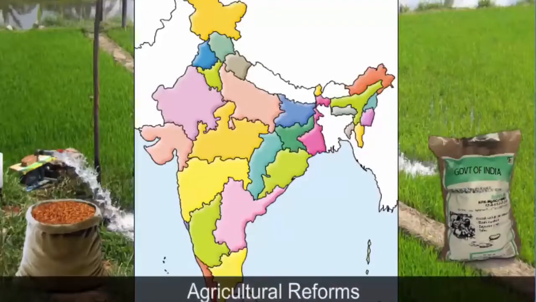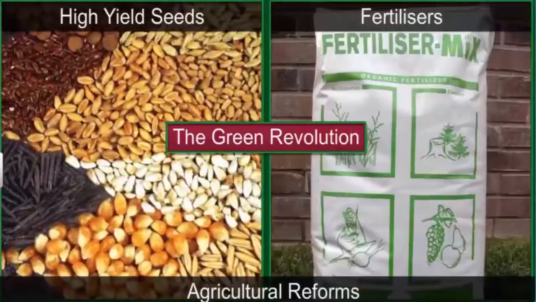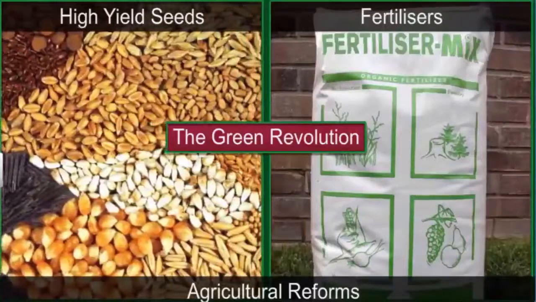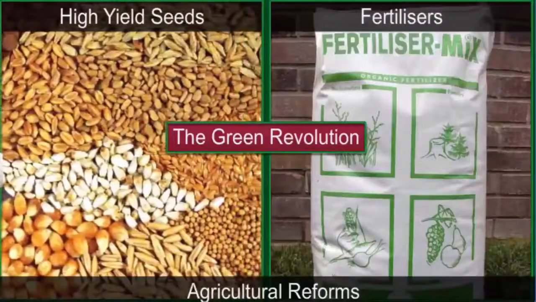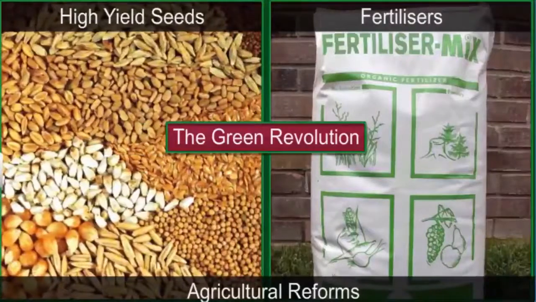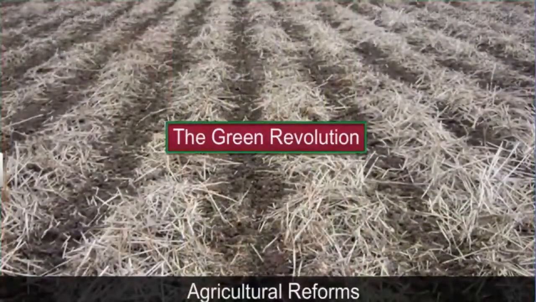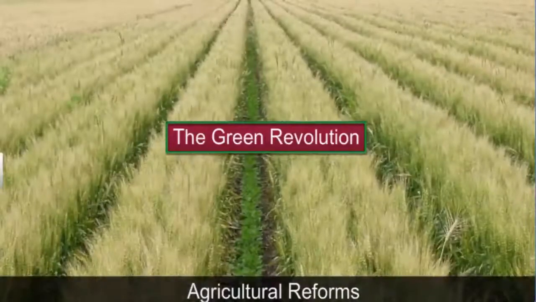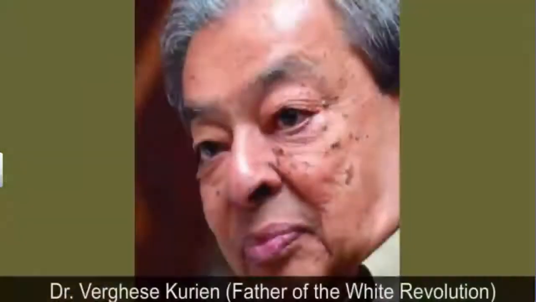The Government of India introduced major agricultural reforms in the 1960s and 1970s that came to be known as the Green Revolution in India. The major highlights of these reforms were providing high-yielding varieties of seeds and fertilizers to farmers, and developing large-scale irrigation facilities to allow them to grow 2 crops in a year.